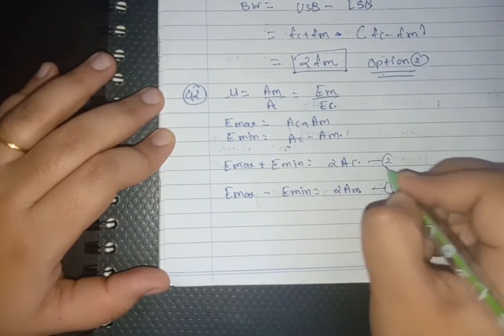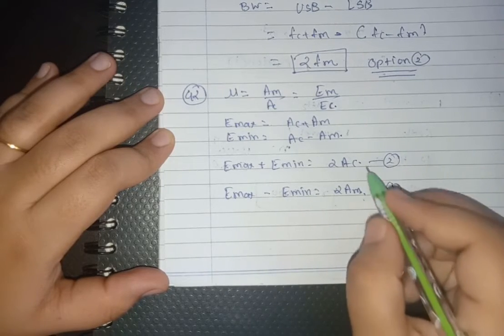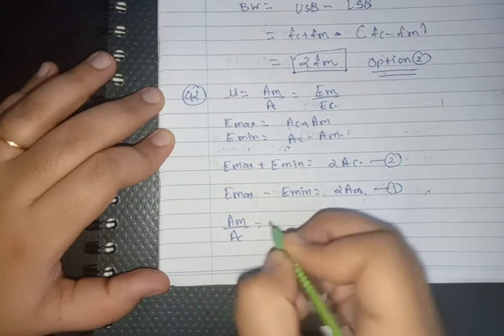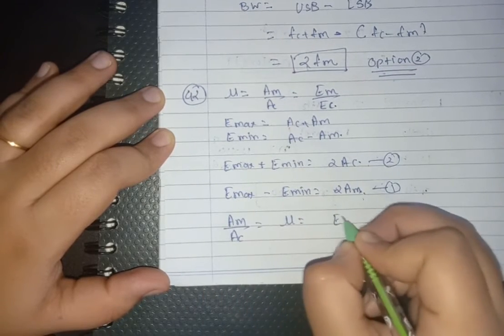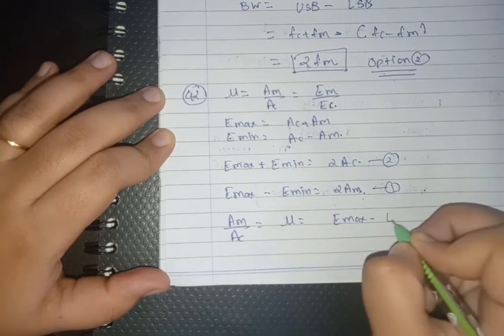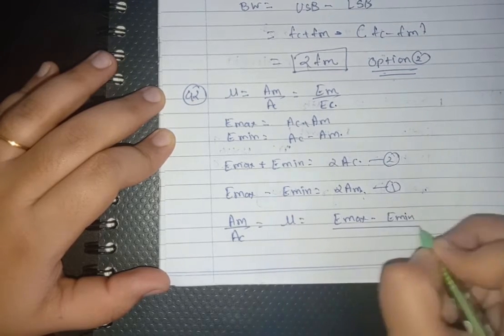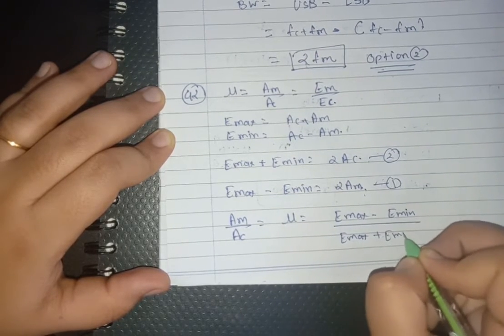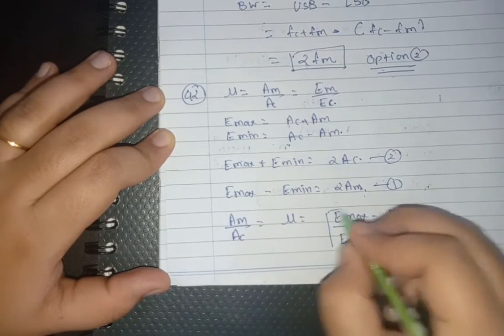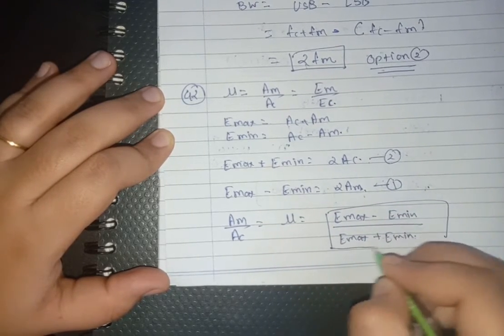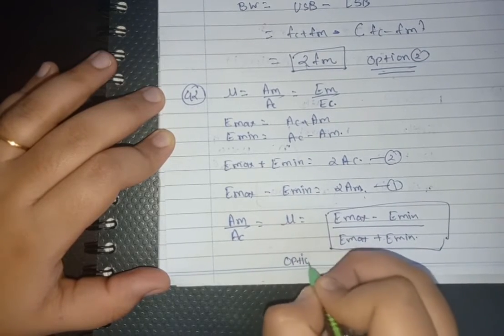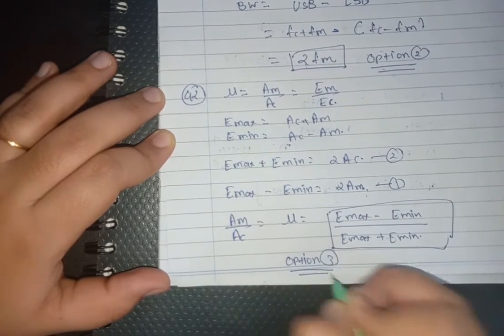Taking the ratio of equation 1 and equation 2, we will get AM by AC, that is mu, equal to E max minus E min upon E maximum plus E minimum. So option 3 is correct option.